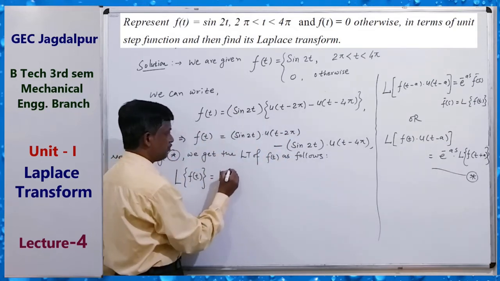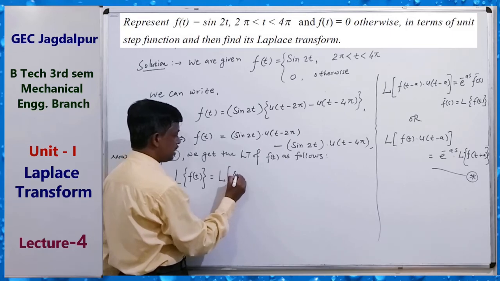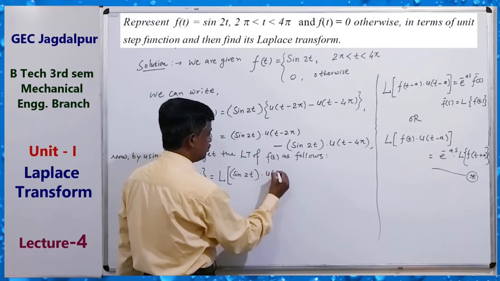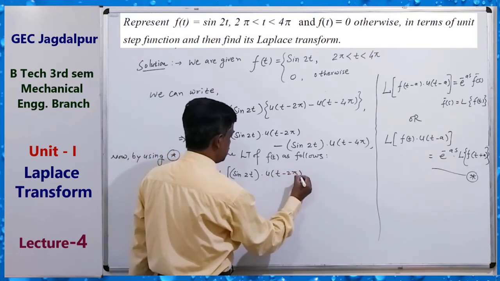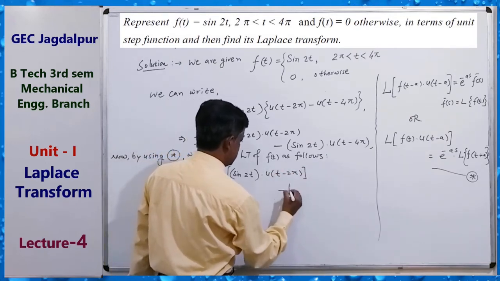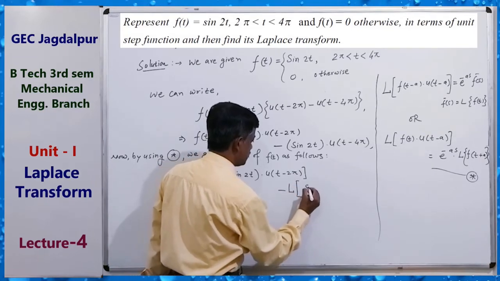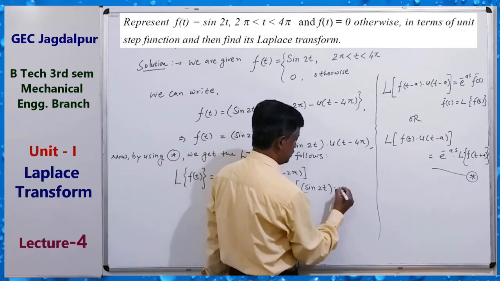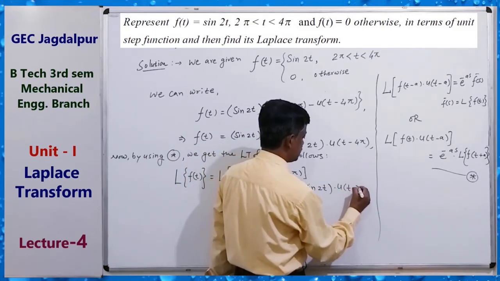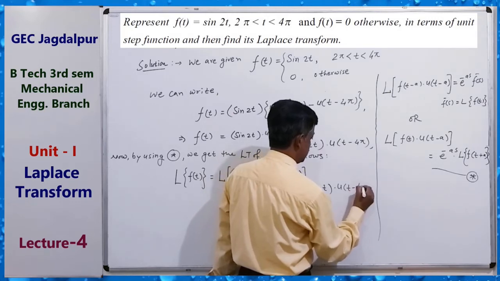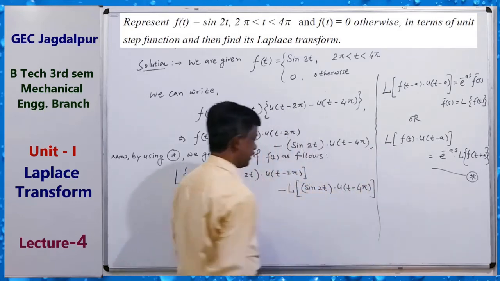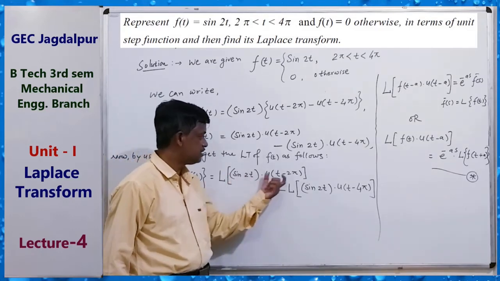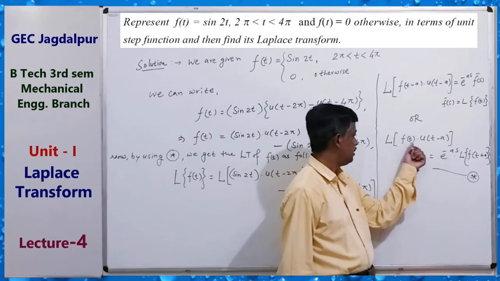Suppose the Laplace transform of the first part is sin 2t unit function (t minus 2 pi), minus the Laplace transform of sin 2t unit function of (t minus 4 pi). Okay. Now here this is f(t), this is u(t minus a).